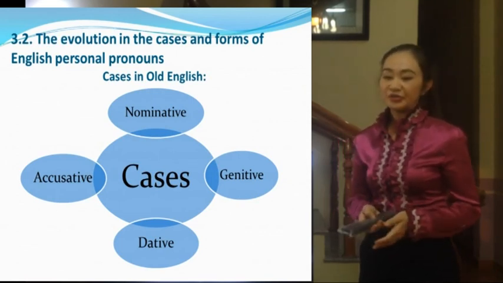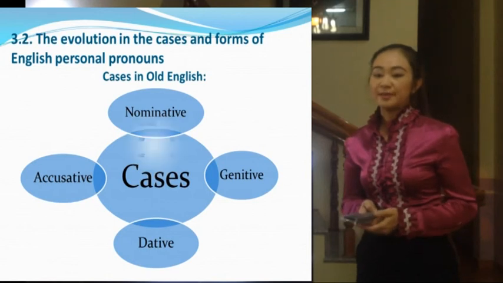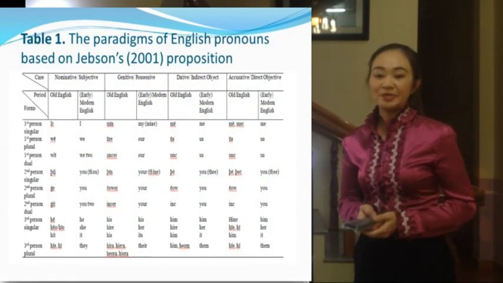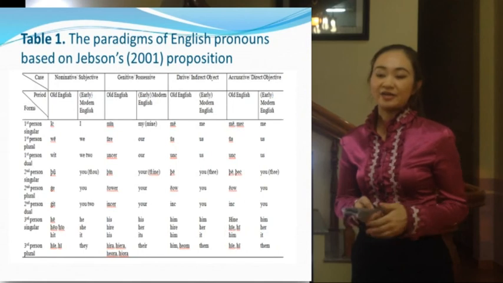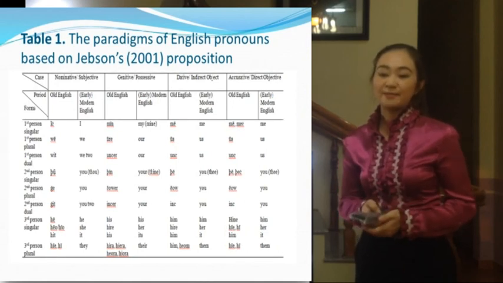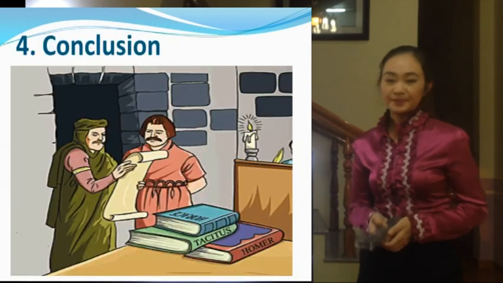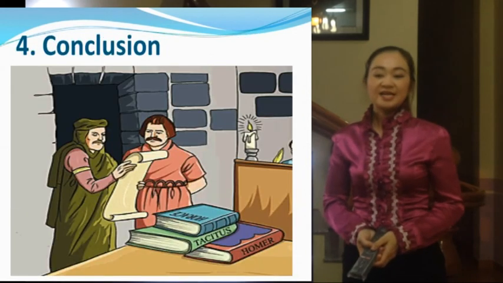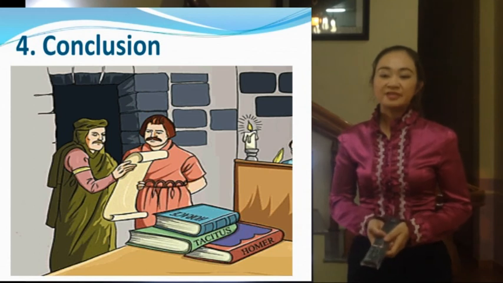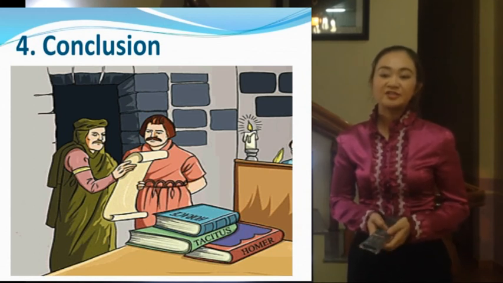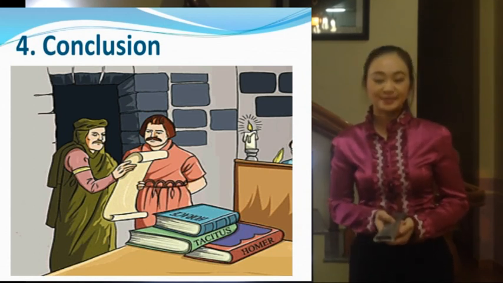The personal pronouns for parallelisms with examples in Old English and early modern or modern English are presented in the following table. In conclusion, language reforms have influenced the changes of the English pronominal system.